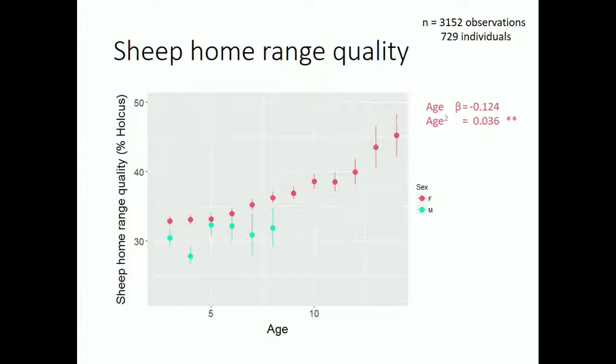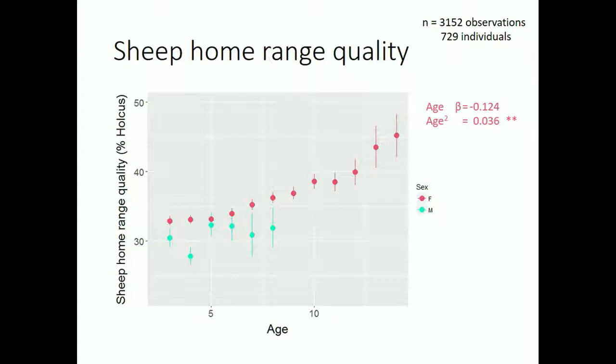So when we look at home range quality, in female sheep, we see an increase in home range quality with age. And in males, again, we see nothing going on. This is independent of the fact that home ranges are declining in size as they get older in the sheep. So we have this negative relationship between home range quality and home range area.